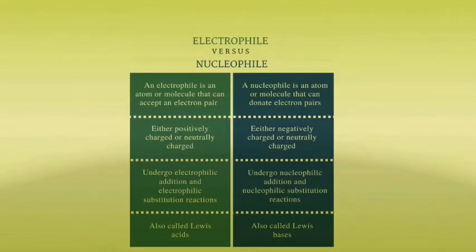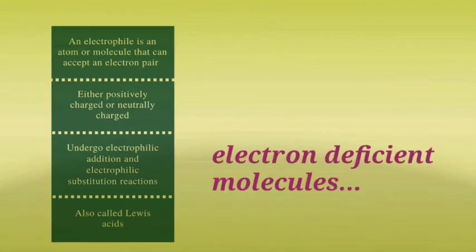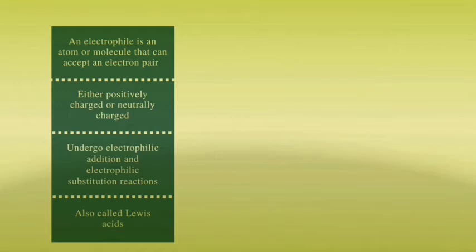First is electrophilic reagent, which in Greek means electron loving. Students, electrophiles are electron deficient molecules which accept electron pair for the bond formation during the reaction. They have an electron deficient center or positive charge.